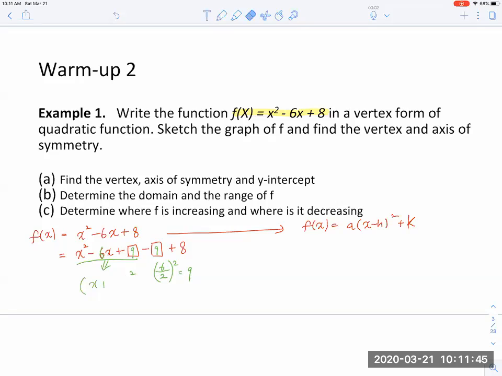x minus half of 6, which is 3, to the second power. What that means is x minus 3 times x minus 3. If you expand it, it's exactly going back to x squared minus 6x plus 9. We are doing a back and forth process.